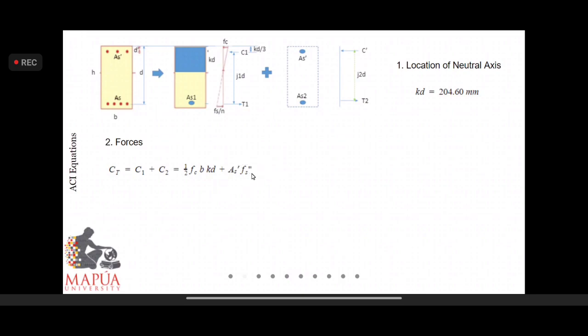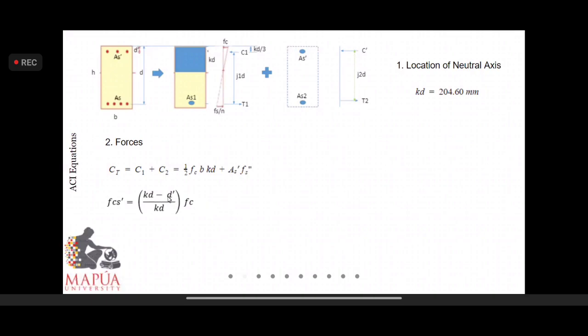Later on, we are going to compute fs double prime. But first, we need to derive the formula for the actual compressive stress of the compression bars, which is equal to, by virtue of similar triangles here, we can employ this, and this will be the working relation for it.